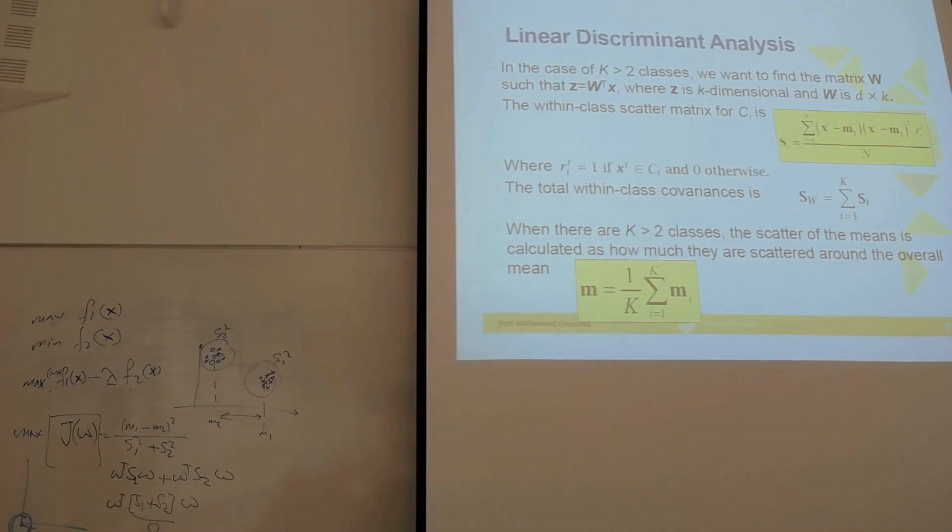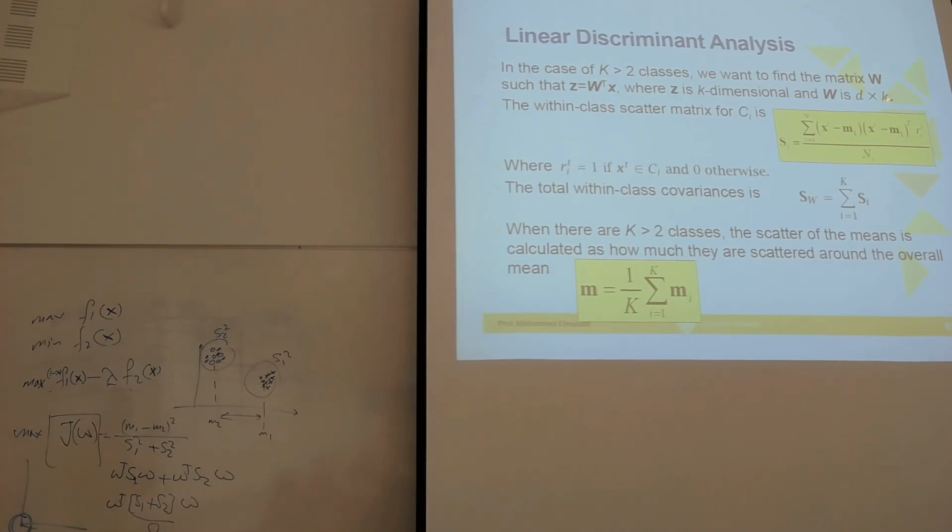Okay. What if we have more than two classes? If we have, for example, 3 classes or 4 classes, in order to solve this in the general case, we are interested in finding not a single vector, but a matrix.